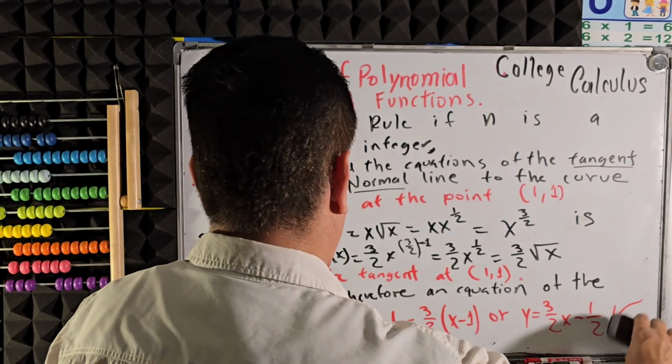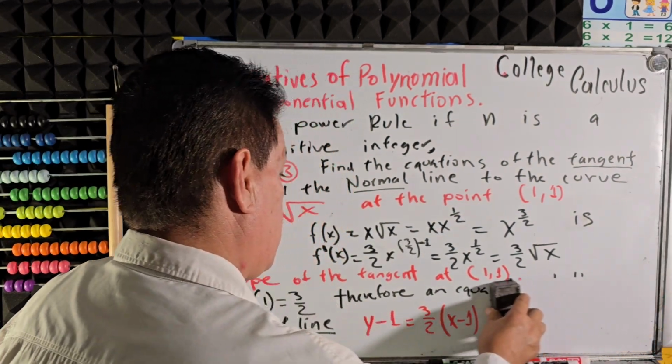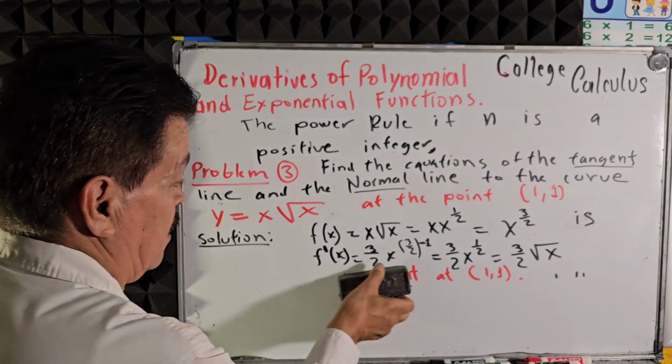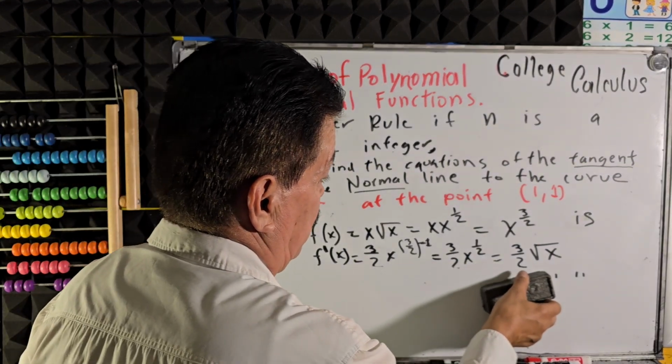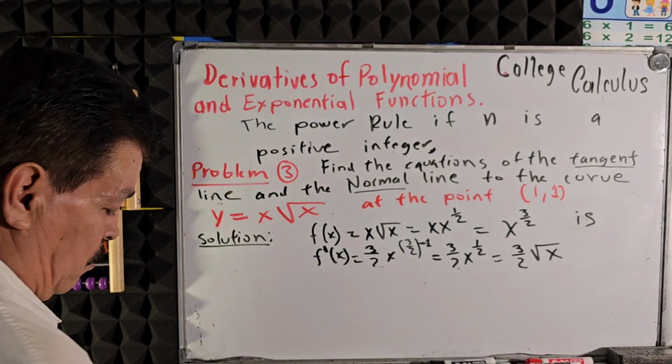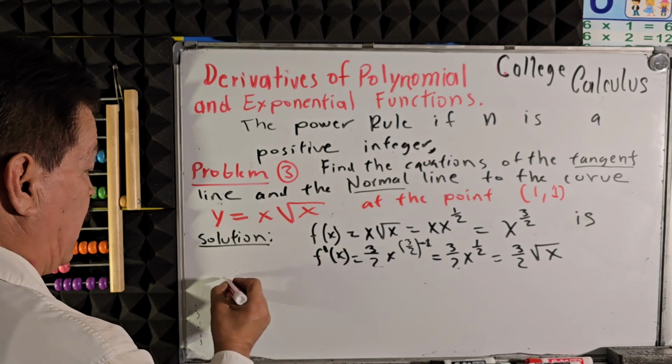So now the normal line equation. Let me erase it here, and then let's write it. I will keep this data because now we are looking for the normal line.